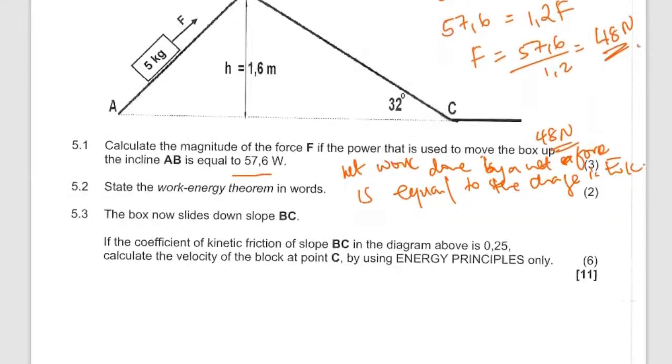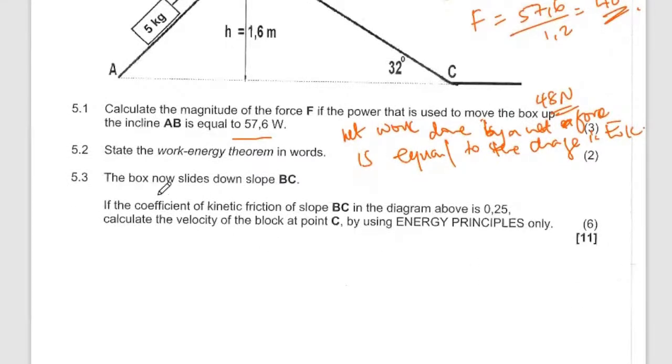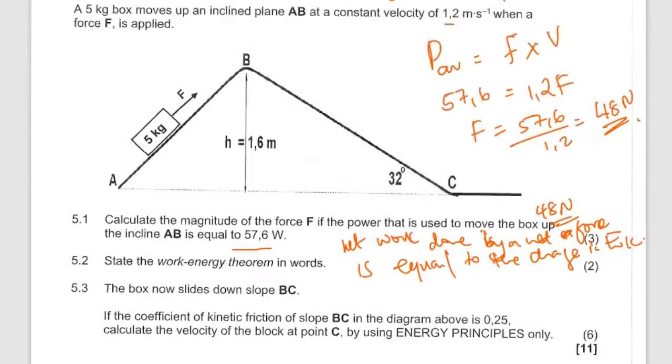Okay, so if that is true, then they were telling us that the box now slides down this. So still, since the velocity is constant, which means even the force is kind of constant. So if the coefficient of kinetic friction is 0.25, calculate the velocity at point C using the energy principle only.